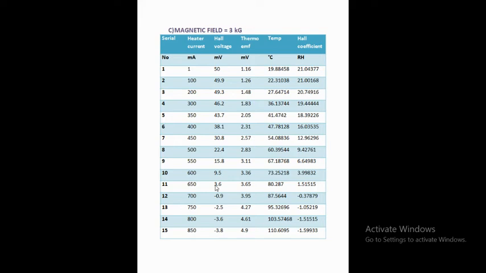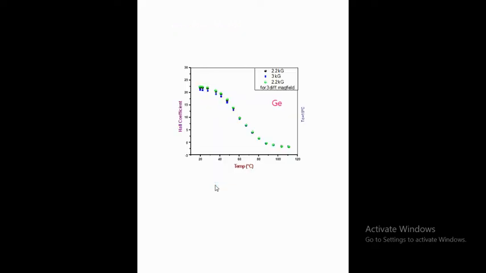And from the standard thermo EMF versus temperature curve, we got the corresponding temperature for the corresponding thermo EMF of the sample for different heater current. From this data we plot a graph something like this.